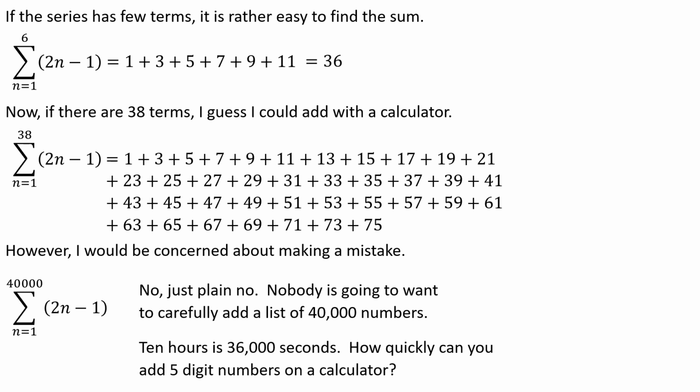Okay, maybe at the beginning it's kind of quick, but think about when you get to those 5-digit numbers and you're trying to type it in, 15,276 plus 15,000. I mean, holy cow. How quickly can I type in 5-digit numbers without making a mistake? This is going to take me forever.